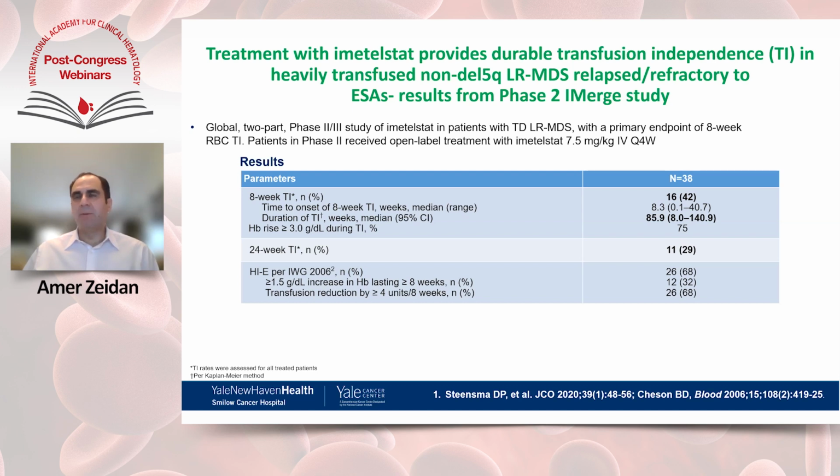So among the 38 patients enrolled on that study who had heavy transfusion needs and had non-deletion 5q lower risk MDS, but were not previously treated with HMA or lenalidomide, the transfusion independence rate was 40%. So this was already published. What was presented at ASH 2022 was an update: 11 of the 29 patients, which is 29%, you can see in the middle row, had transfusion independence that lasted for more than a year.